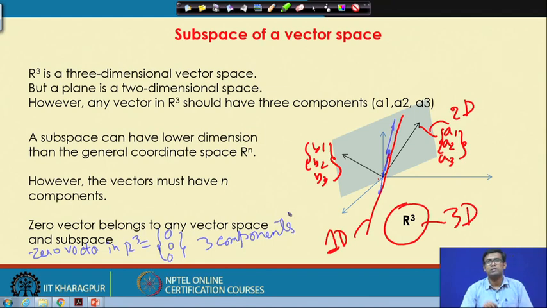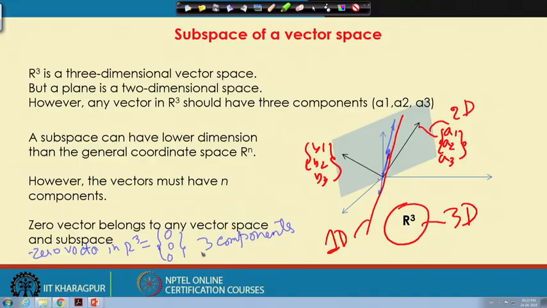It is different than a 0 vector in R1 or R2. It is a 3 component 0 vector because it is a member of R3. However, the dimension of the 0 vector is always 0 because it is a point only, it has no length, no orientation, nothing.